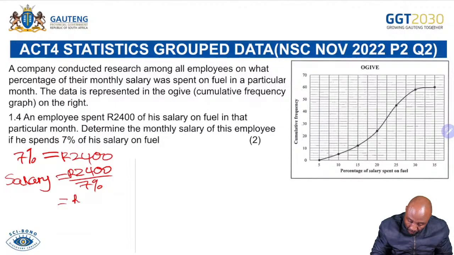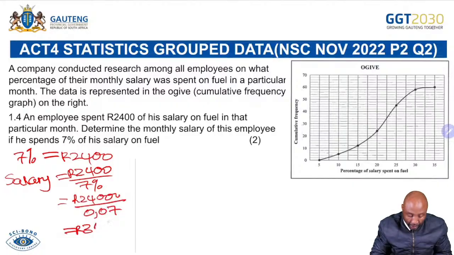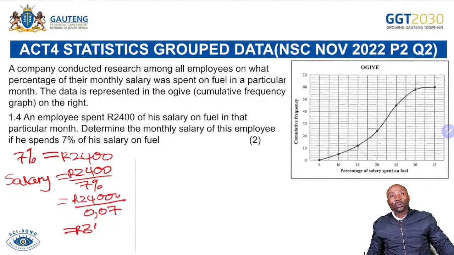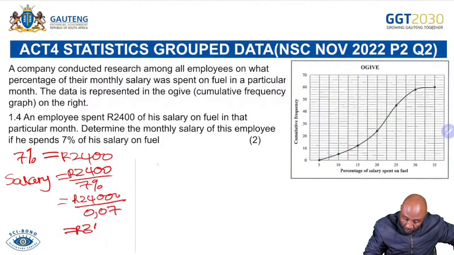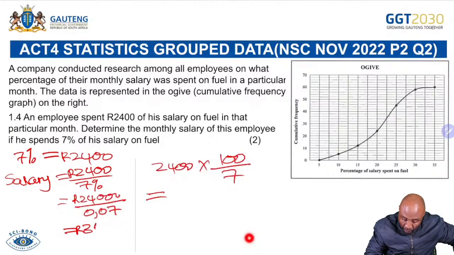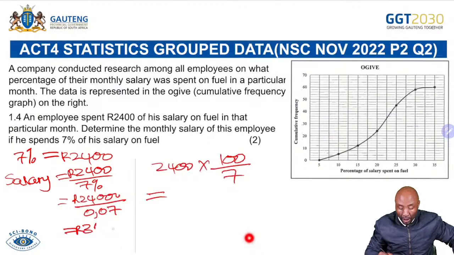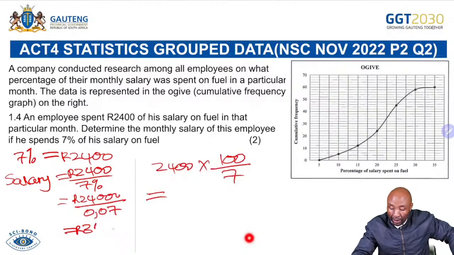So this is 2,400 divided by 0.07, and we'll get our answer as 34,285.71. Or you just say 2,400 times 100/7. It will give us, because we are dividing by 7%, it will give us the answer there.